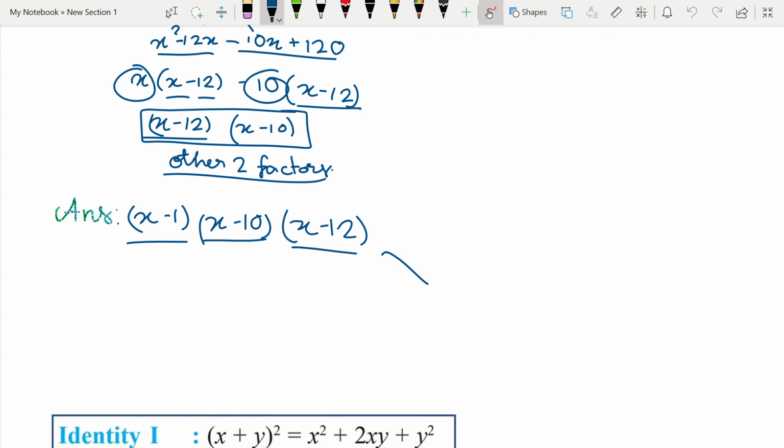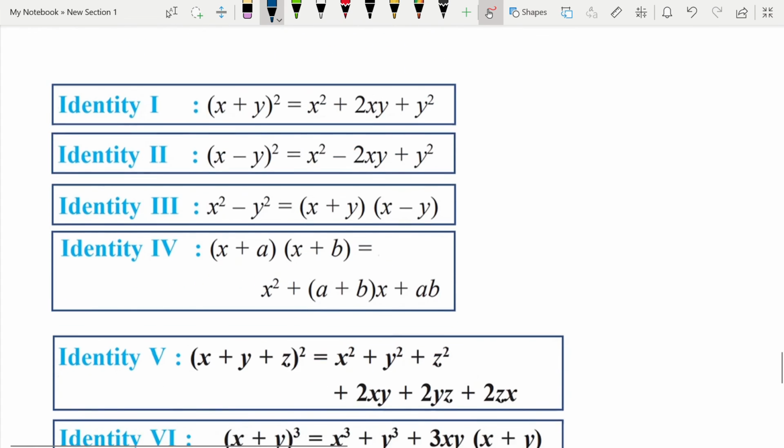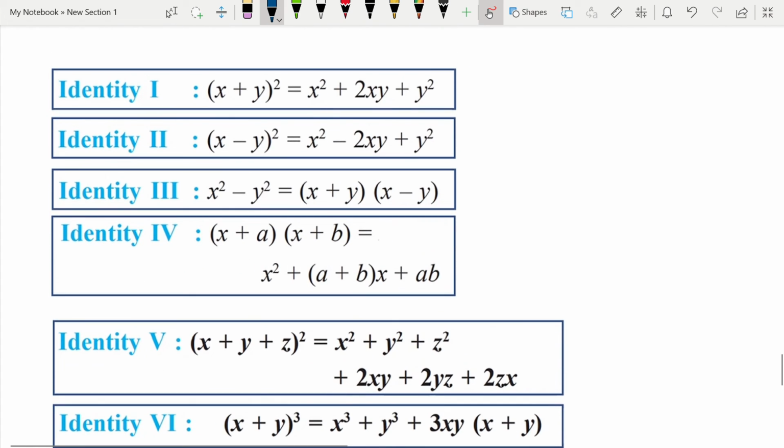Now we've got some identities that you will want to remember. One of them is x plus y whole squared, which is x squared plus 2xy plus y squared. Identity 2 is x minus y whole squared, which is x squared minus 2xy plus y squared.